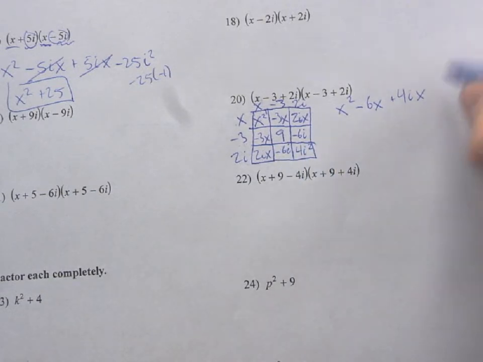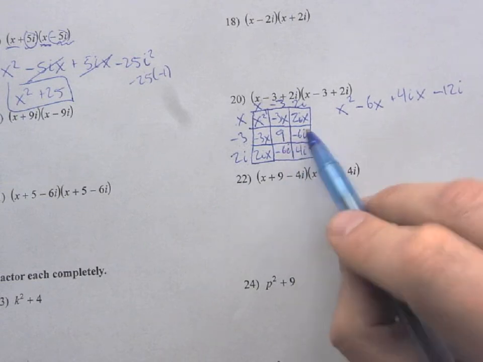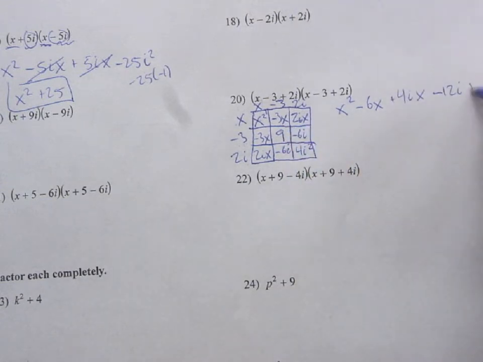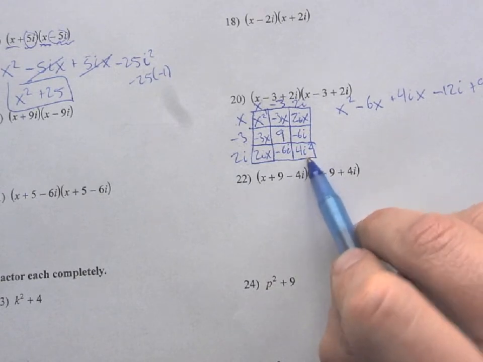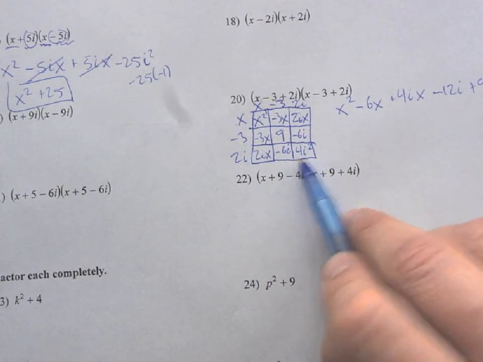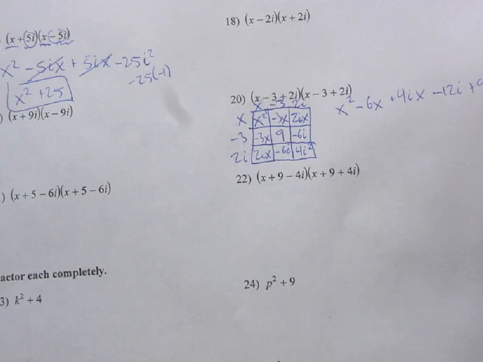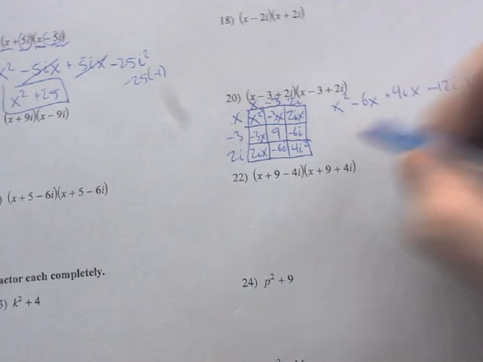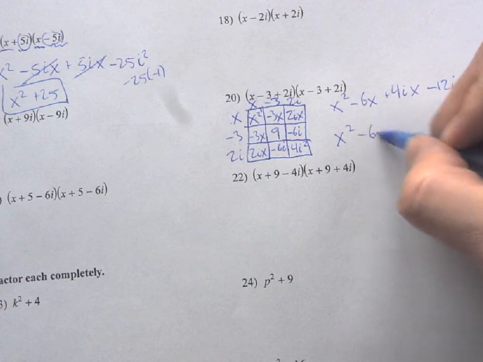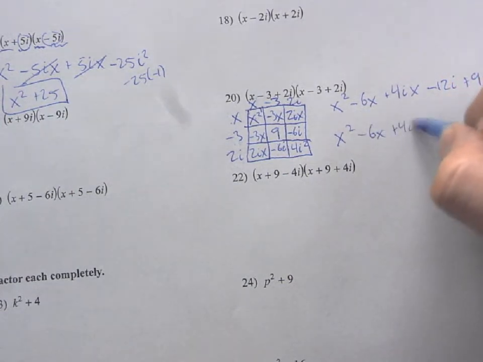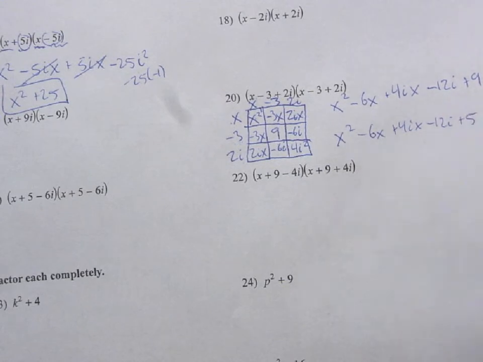That's going to be negative 12i when I combine these two guys. And then I'm going to have a plus 9. And this is interesting because, remember, i squared is negative 1. So this box is really 4 times negative 1, or negative 4. So what I get is x squared minus 6x plus 4ix minus 12i plus 5.